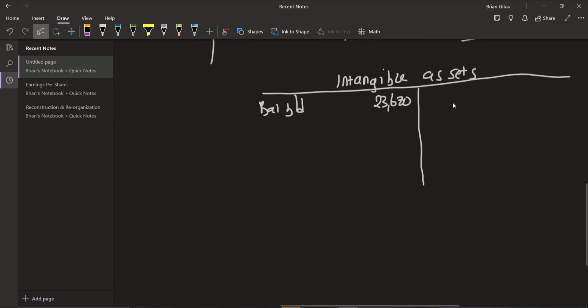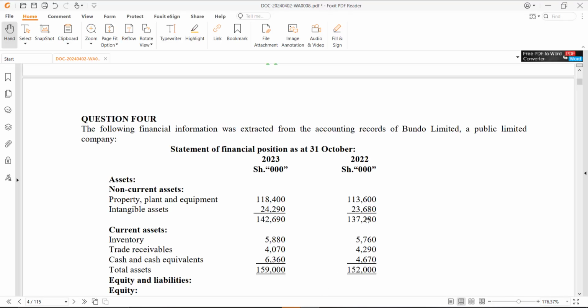And the balance carried down was 24,290.